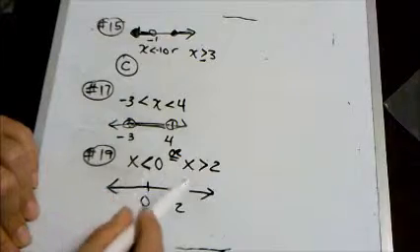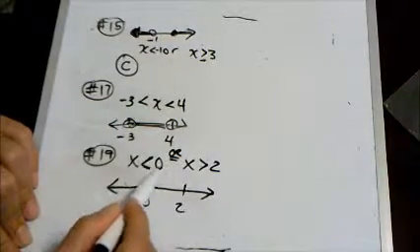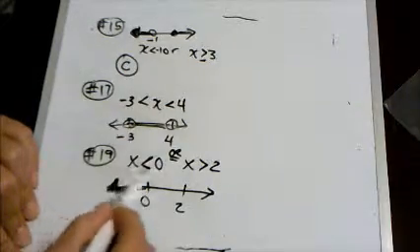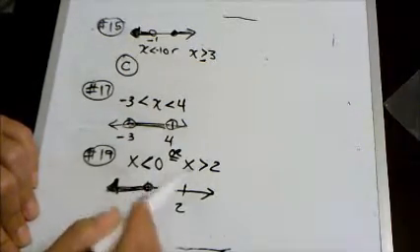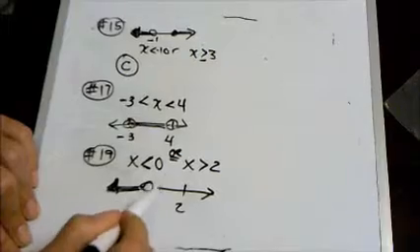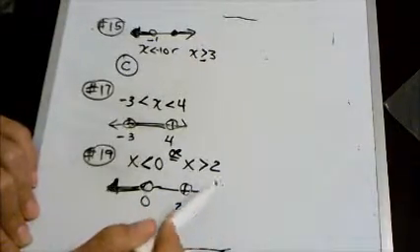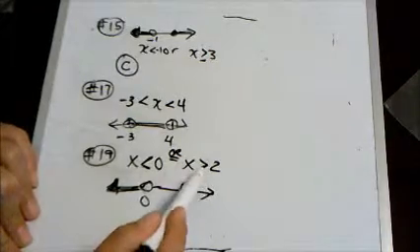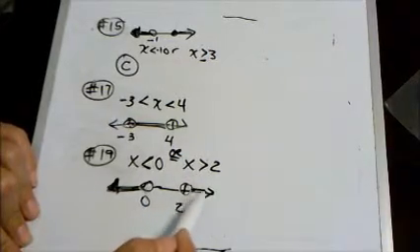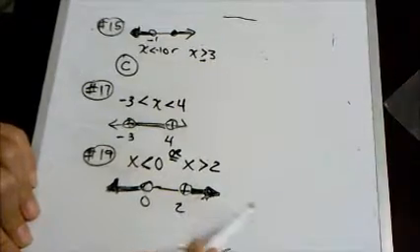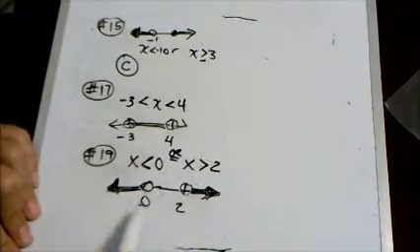It always points to the smaller number, so x has to be smaller than the 0, which is on this side. Notice that there's no line underneath, so you will have an open circle. Over here the same thing, no line underneath, so you will have an open circle. And it points to the smaller number, so 2 has to be smaller than the x. The x has to be on this side. So that is your or.